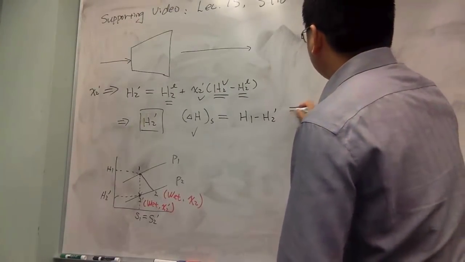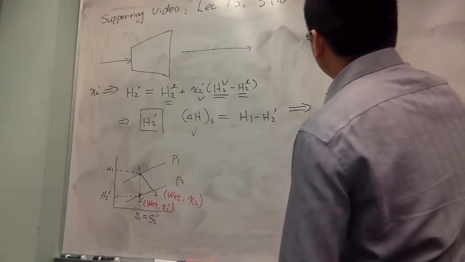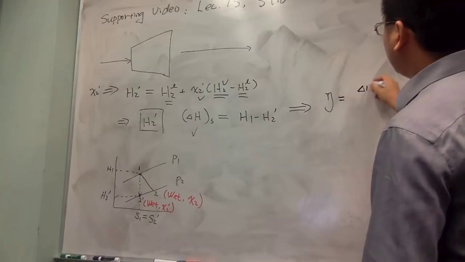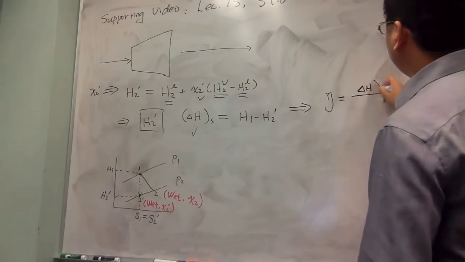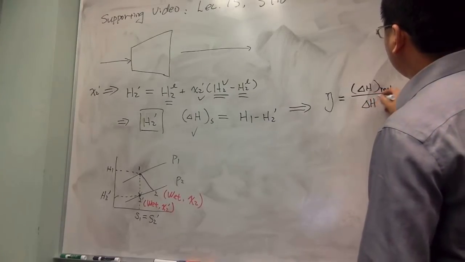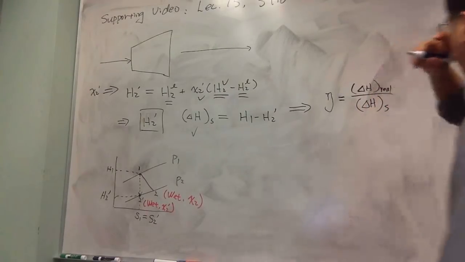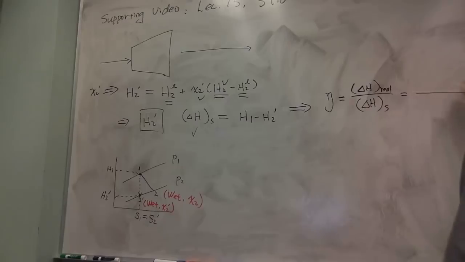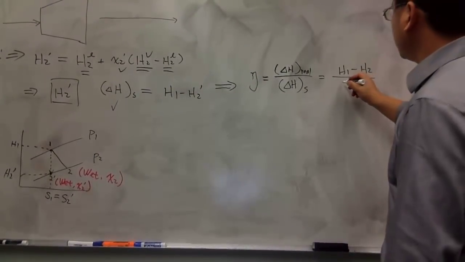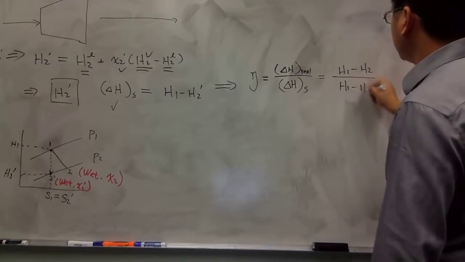If this is known, then as we did, let's revisit the efficiency, which is delta H real over delta H isentropic process. Real is H1 minus H2. Isentropic is H1 minus H2 prime.